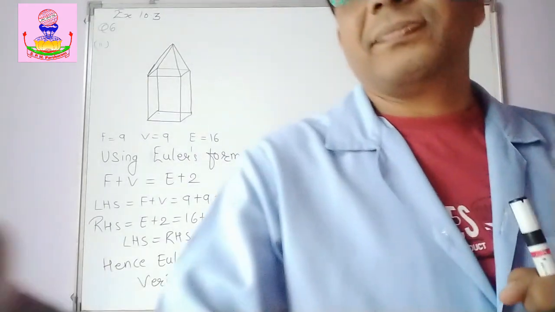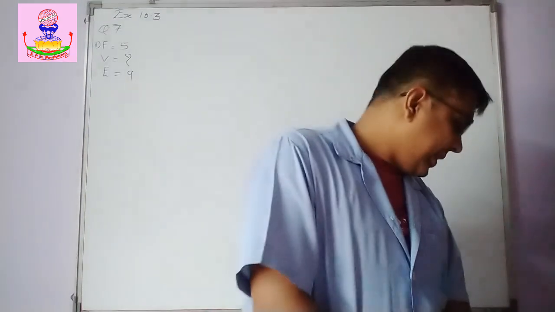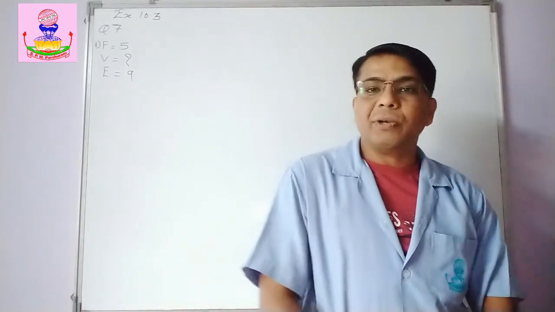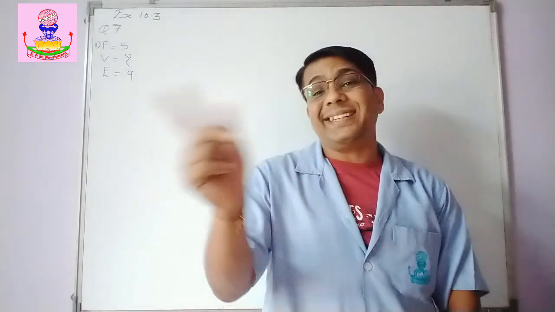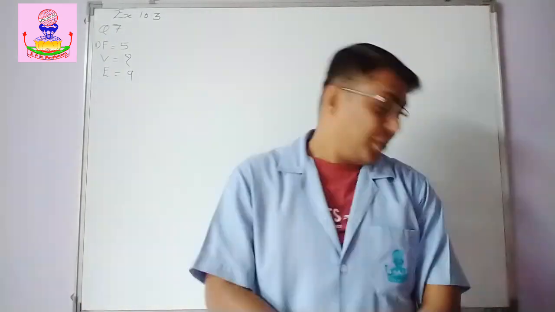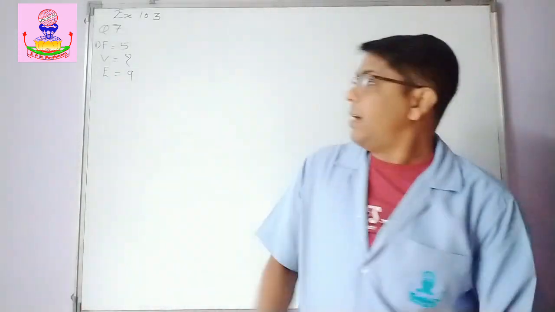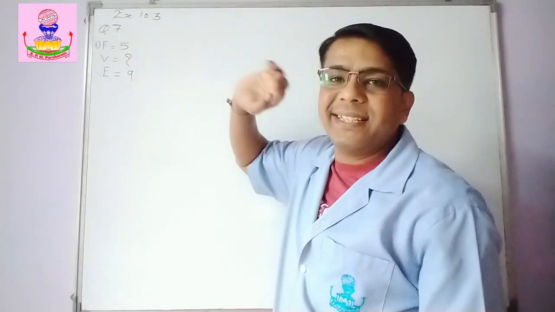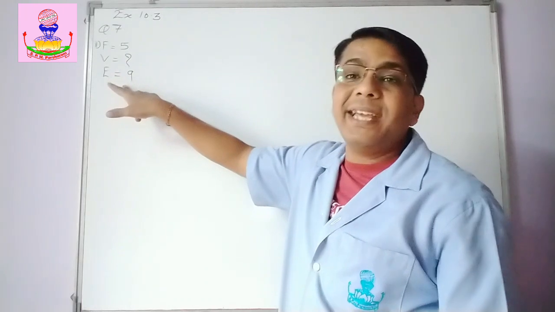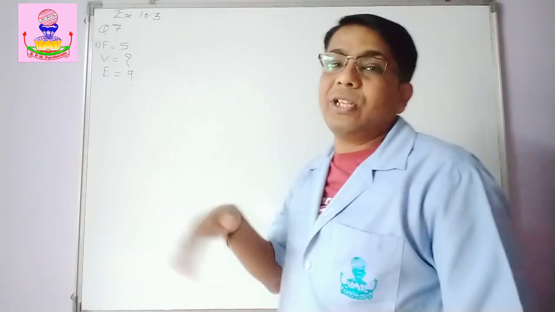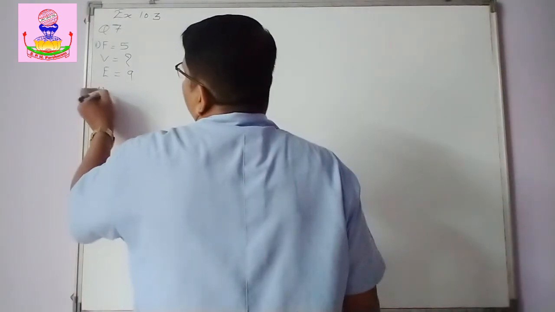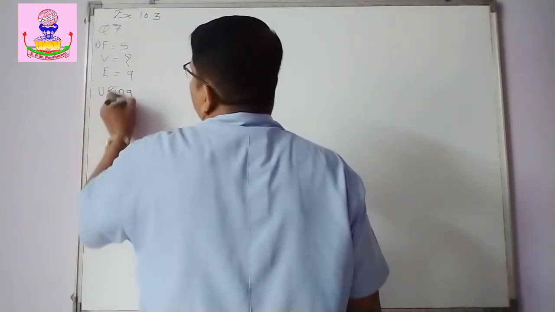Now question number 7. Using Euler's formula, find the unknown. So from that, the second one I am going to do. First and third, it is homework for you. So second one, F is equal to 5, that is, number of faces is 5. Vertices we need to find out and edges are given 9. So here we are supposed to use Euler's formula to find vertices.